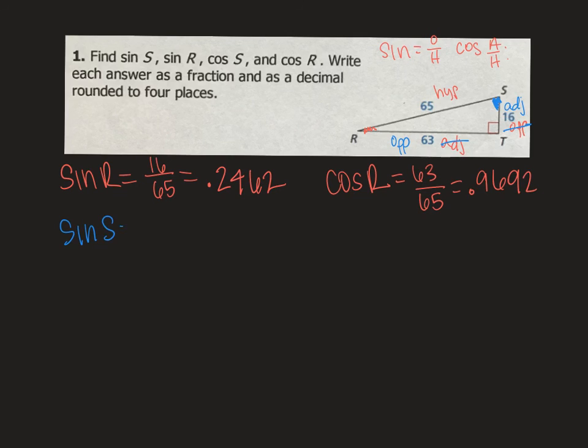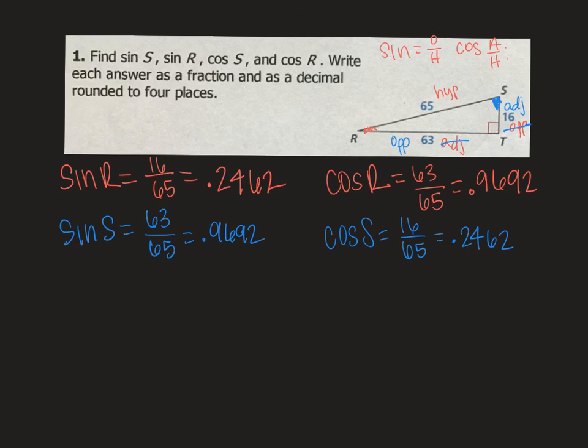So the sine of angle S, opposite over hypotenuse, becomes 63 over 65, which was 0.9692 as a decimal. And our cosine of angle S, adjacent over hypotenuse, becomes 16 over 65, which was 0.2462 as a decimal.